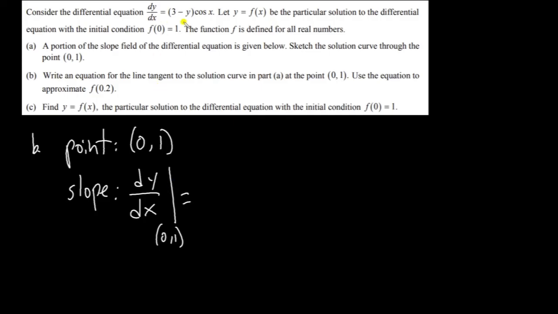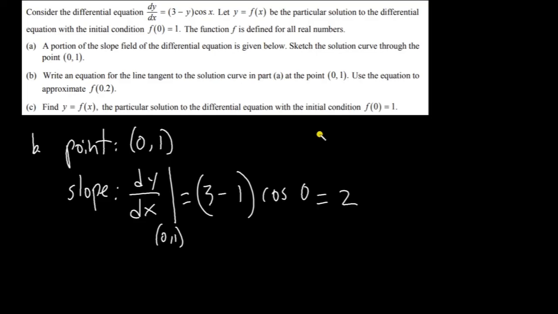If we plug (0, 1) in, we get 3 minus 1, because 1 is going in for y, and then cosine x, plugging in 0 for x, gives cosine of 0. So 3 minus 1 is 2, and cosine of 0 is 1. This is 2 times 1, which is 2. Now we have the point and the slope, so we can get our equation for the tangent line.